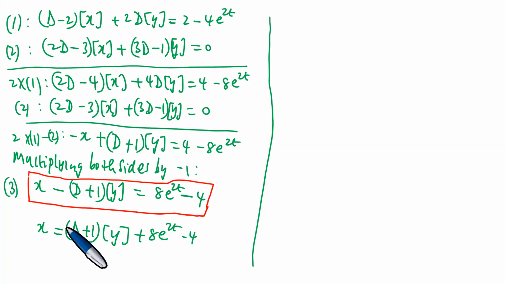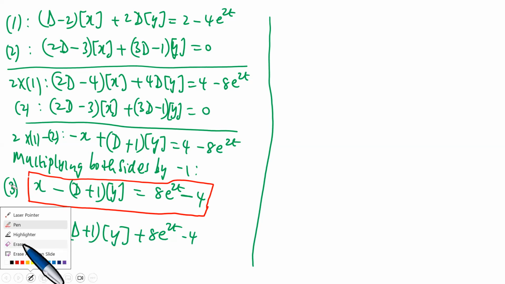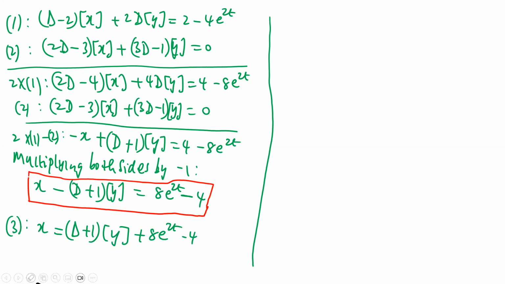Okay, at this point, let's give it the name equation 3. It's better we label this one because x is already the subject. And then at this point, we proceed to say substitute 3 into 1. Okay, there it is.